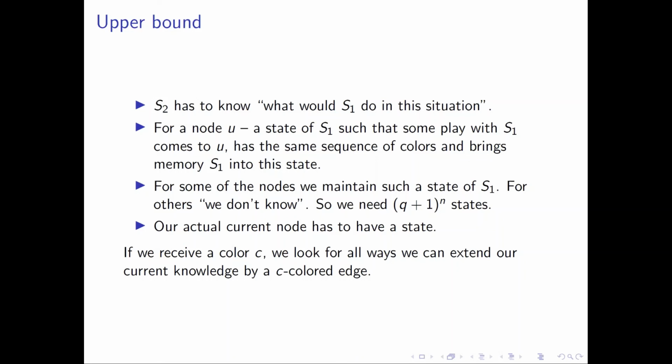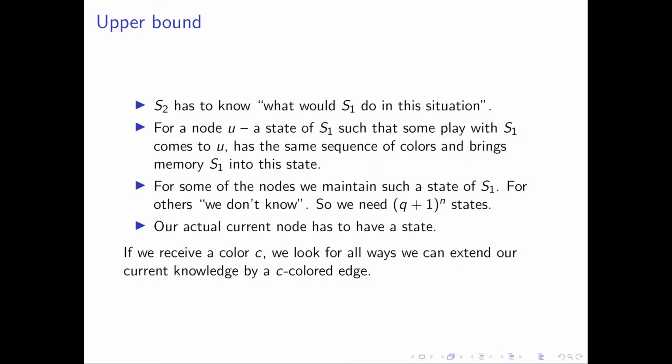And, which is very important, these plays also have the same sequence of colors that we had before we received the new color. And now we have to extend all of this by some C-colored edge. And we just look at all ways consistent with S1 in which it can be done.